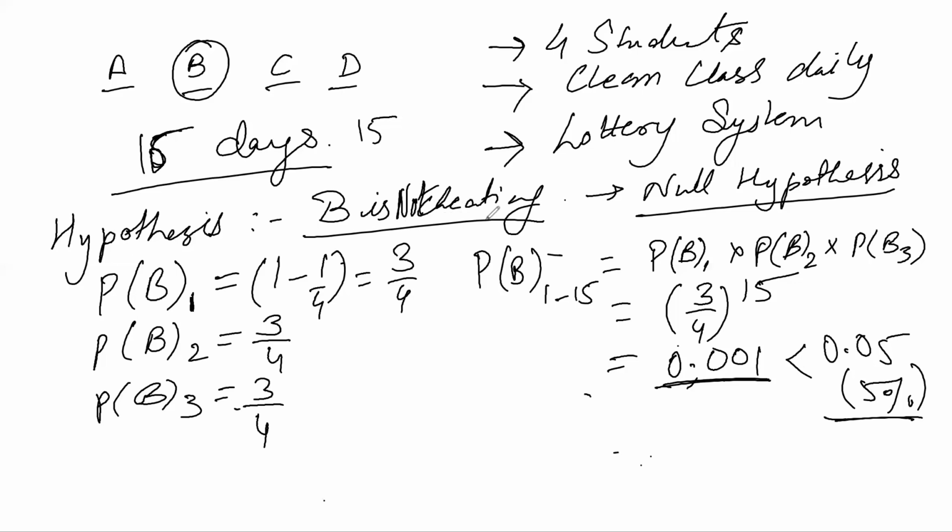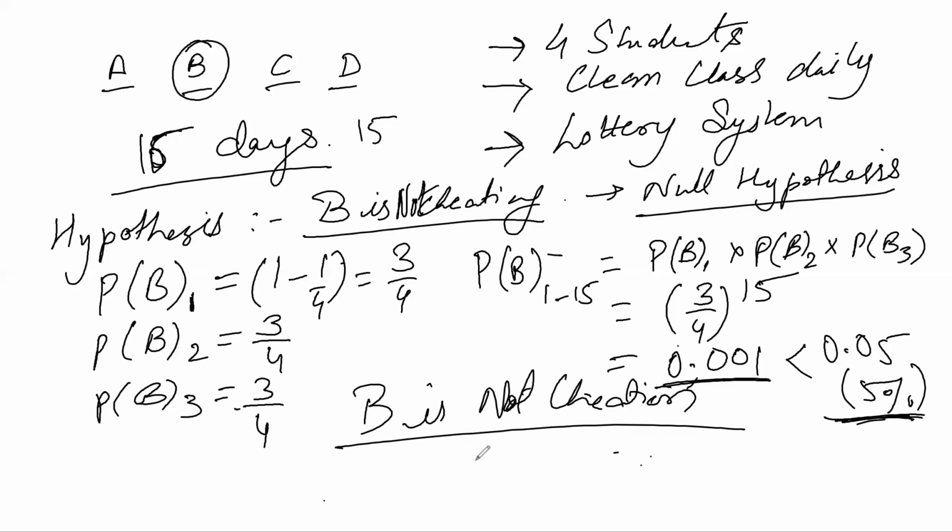What does it mean, B is not cheating? It means that I am calculating the chances of B not getting selected for any of these 15 days, right? And those chances are very less, it's just 5%. So I can reject this null hypothesis. So the null hypothesis was that B is not cheating. I will reject this null hypothesis.